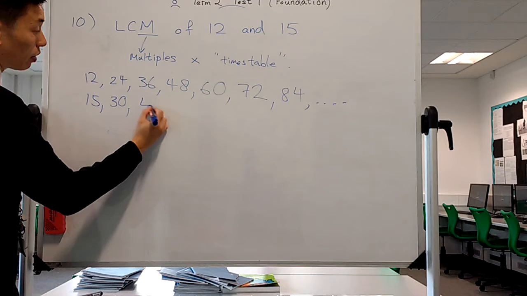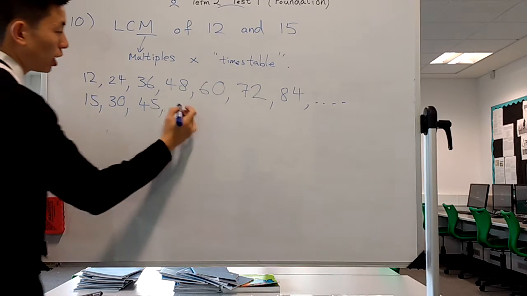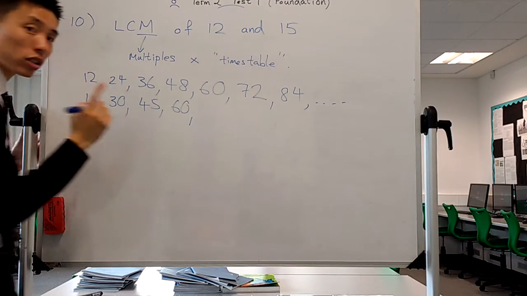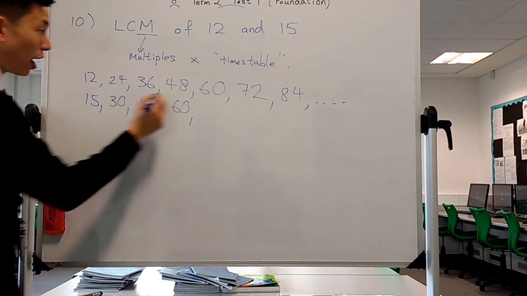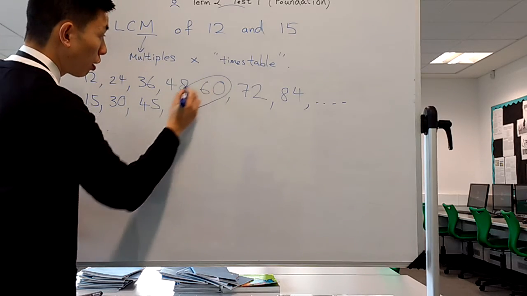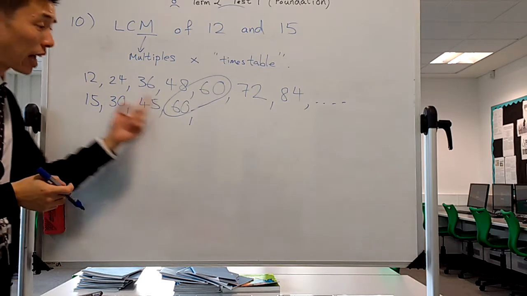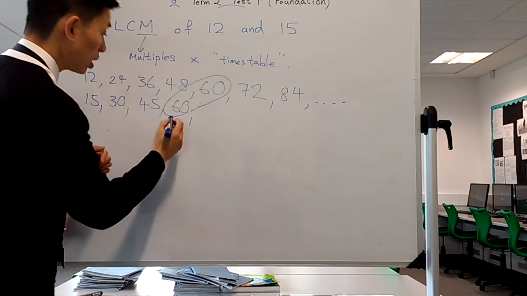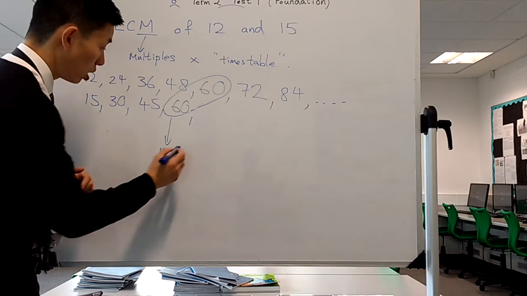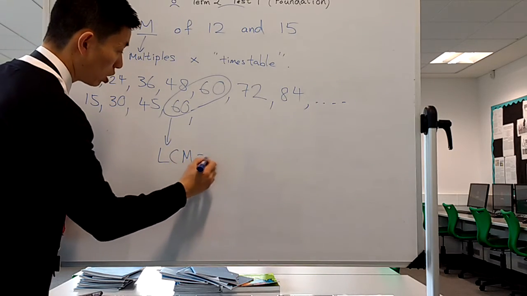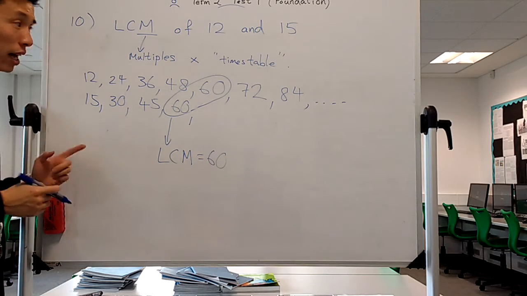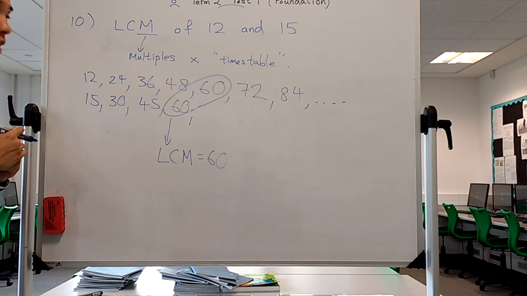And then 45, I'm adding 15 each time. Okay, 60. Oh, something's interesting. I found the first common multiple. And that first common multiple is the lowest common multiple, which is 60. And that is one way of working out LCM.